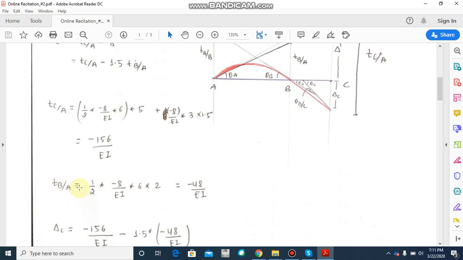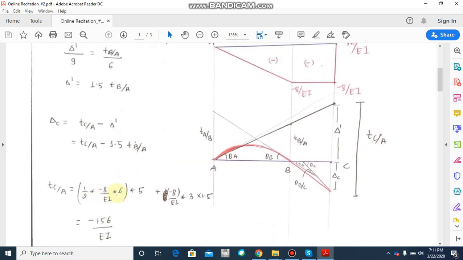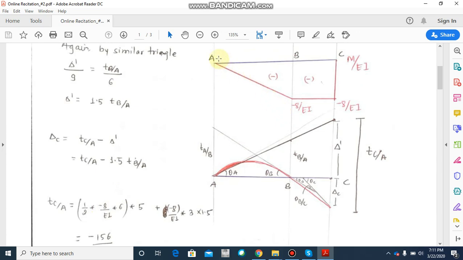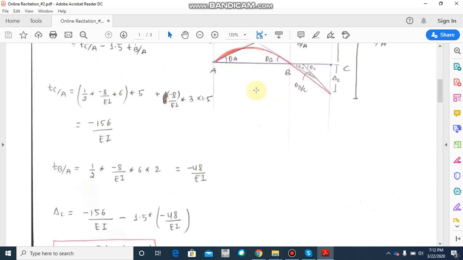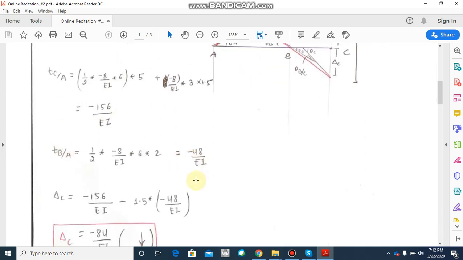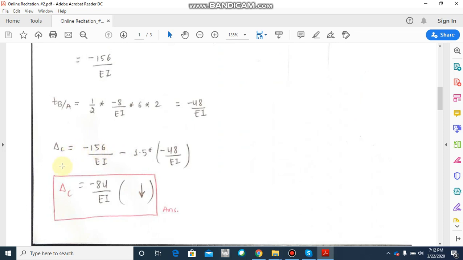Similarly, t_B/A is the moment of the M by EI diagram between points A and B about point B. So we need to calculate the moment of this triangular diagram about point B. So we'll get t_B/A equals minus 48 by EI. Solving, we'll get the deflection at C would be minus 84 by EI, which means the deflection is downward.